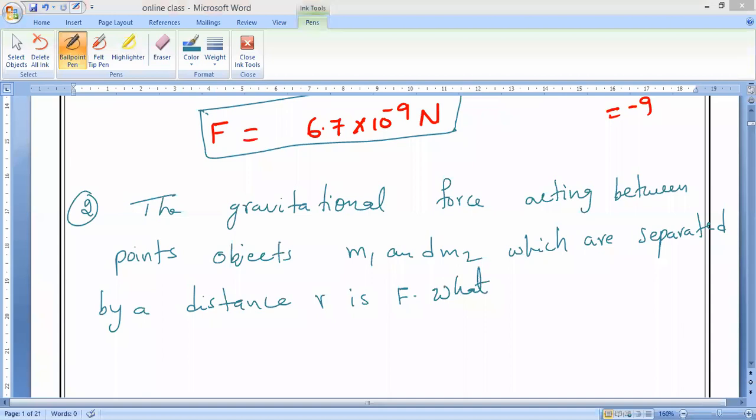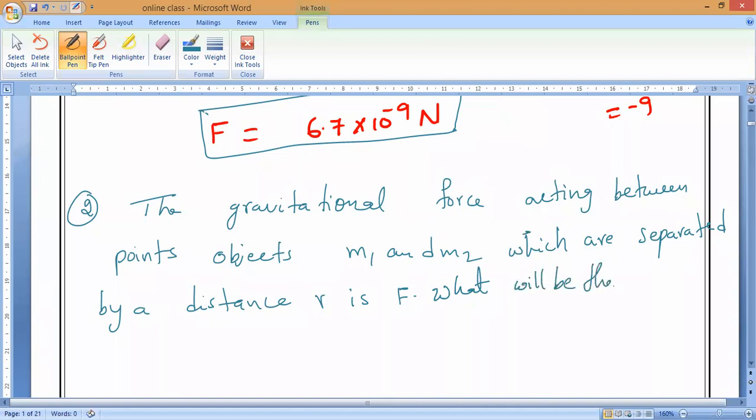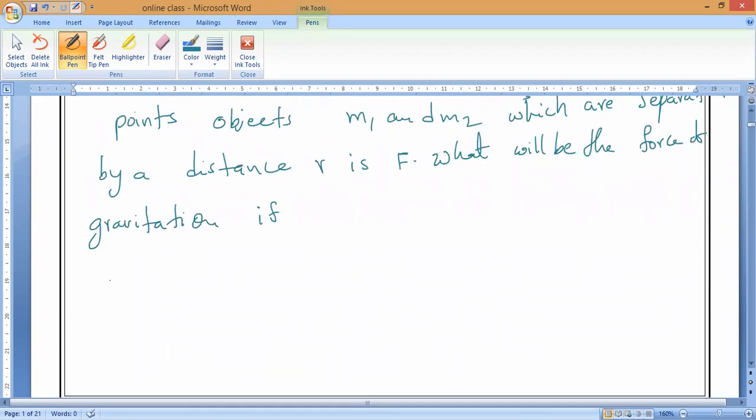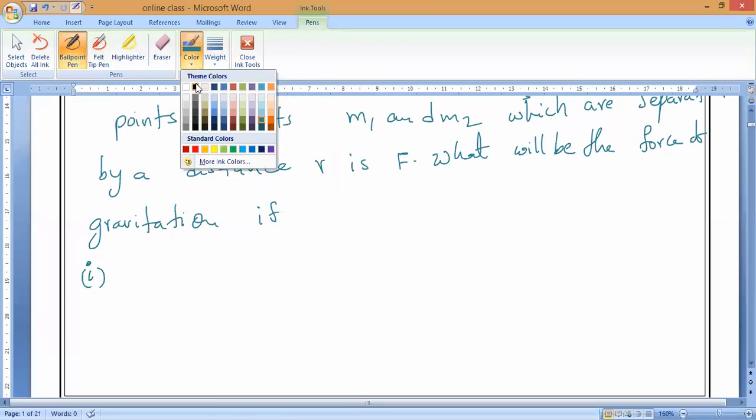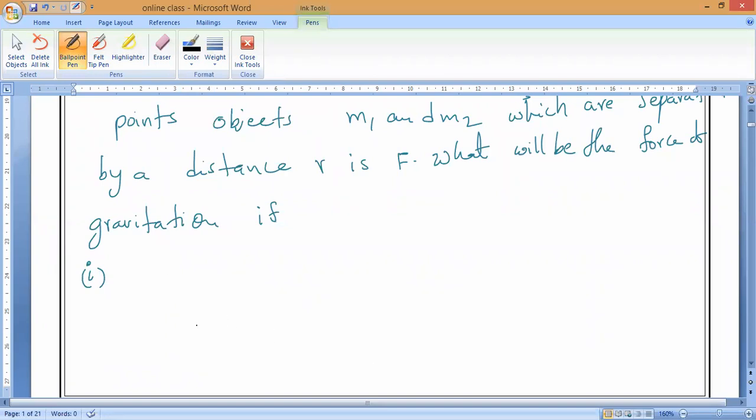What will be the force of gravitation if, in the first case... total 4 cases are there. You have to solve them one by one. This is what you people need to be able to solve. This is the present way of asking questions.